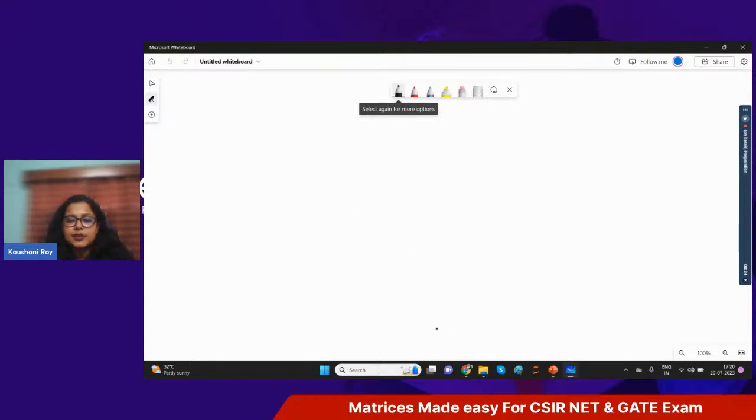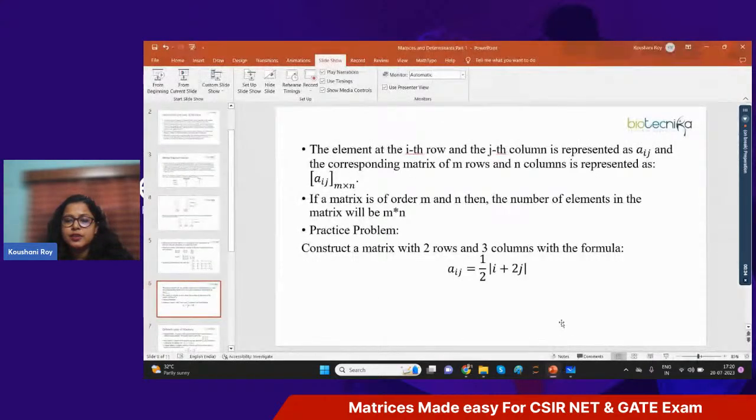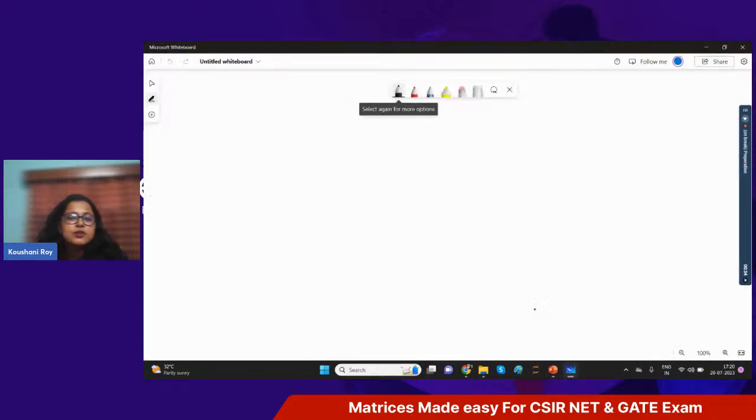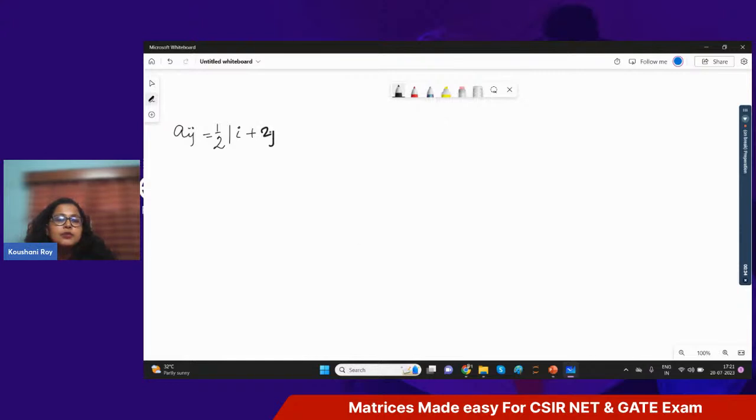So what is the equation that is saying? The equation that we got is aij equals half of modulus of i plus 2j. So let us write it down over here. So we have aij equals half of modulus of i plus 2j, right? Let me just make it a bit bigger. Yeah. So i plus 2j.